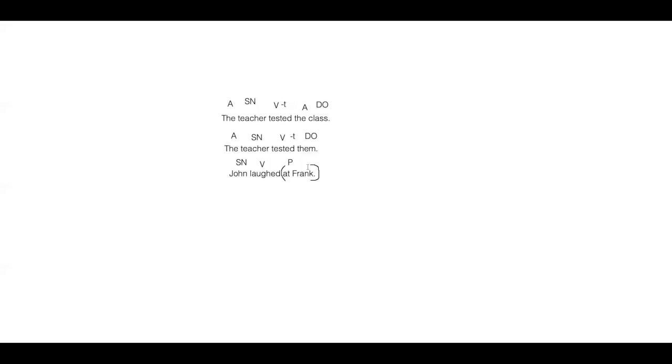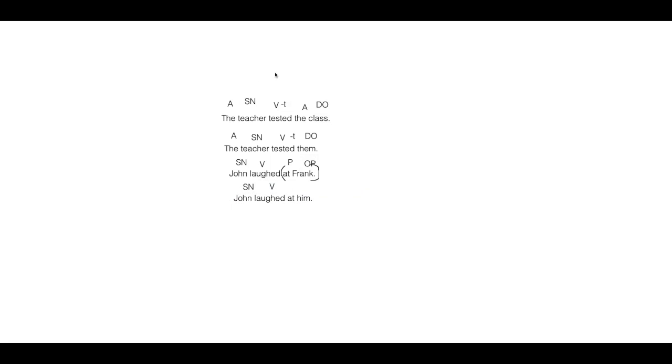And always the last word of the prepositional phrase, it's always a noun, and you always label it object of the preposition. Now, what if we wanted to say, John laughed at him? We would classify it the exact same way. Who laughed at him? John. John did what? What's the action? Laughed.